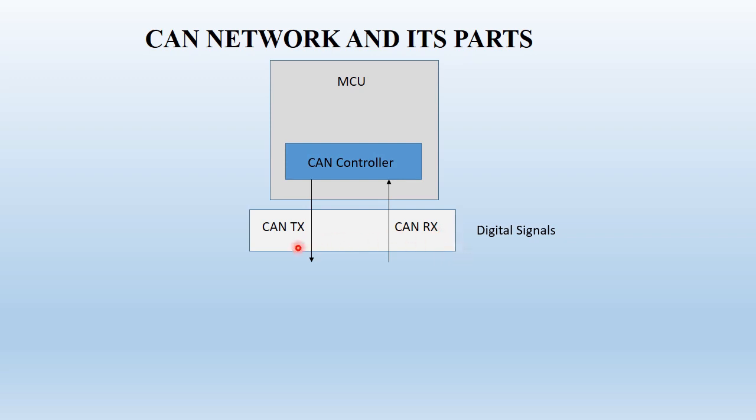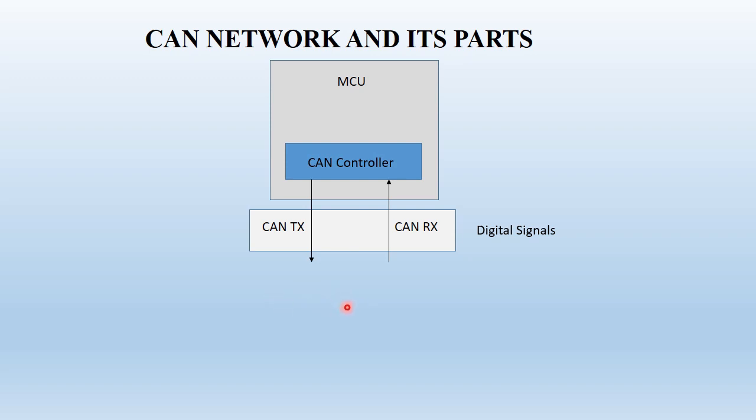Now, according to the CAN specifications, you cannot use these single-ended pins, meaning the digital signals, in order to communicate with another node. So this is not allowed. The specification of the CAN protocol has a dedicated section where it explains the physical medium used for the communication.